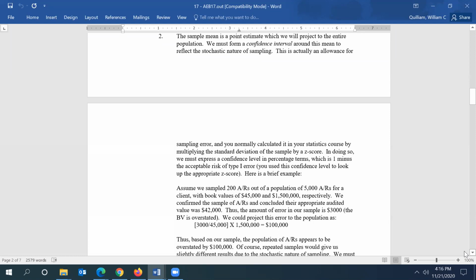And we confirm this sample of accounts receivable, and we concluded that the appropriate audited value was $42,000. So in other words, it looks like this sample is overstated by $3,000. So if the amount of error in the sample is $3,000, the book value appears to be overstated. Again, that's the usual case with accounts receivable because clients would love to overstate the book value.